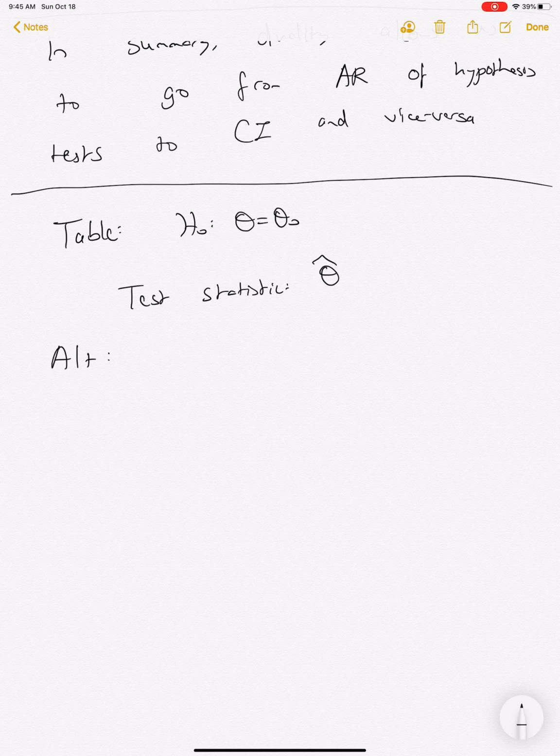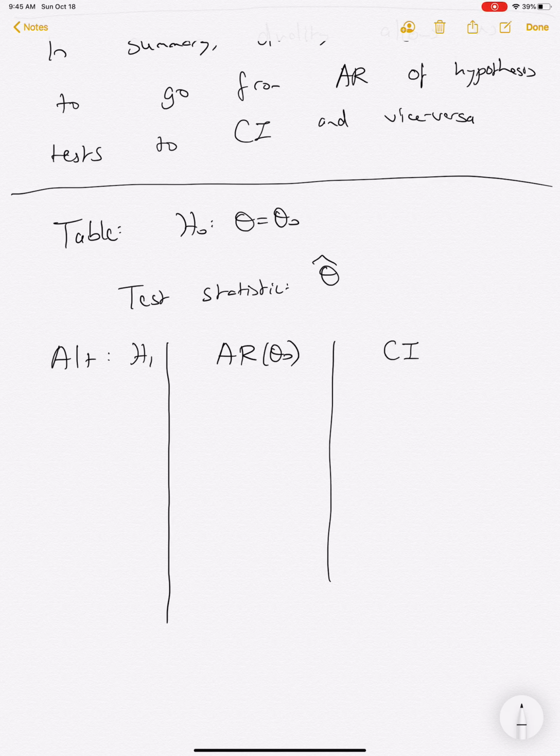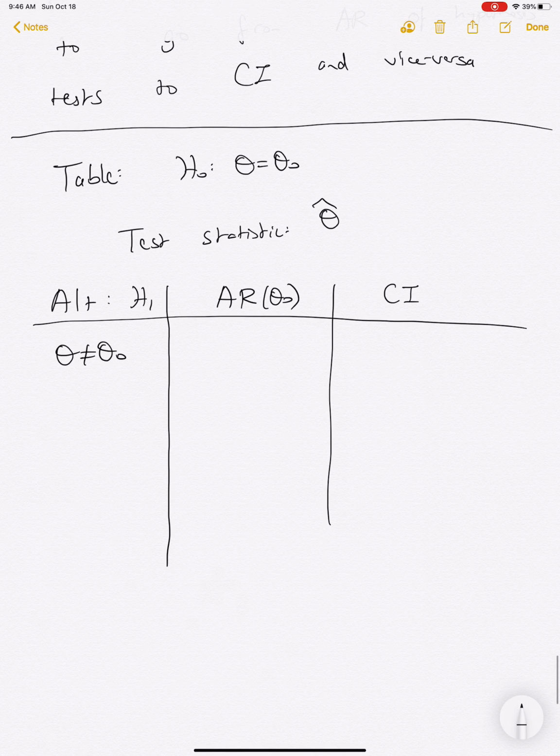So this is the alternative H1. Then there's going to be a corresponding acceptance region of theta 0, and a corresponding confidence interval. So we've seen the two-sided alternative, theta not equal to theta 0, which is what we started with. There's a one-sided alternative, theta bigger than theta 0, and then a one-sided alternative, theta less than theta 0.